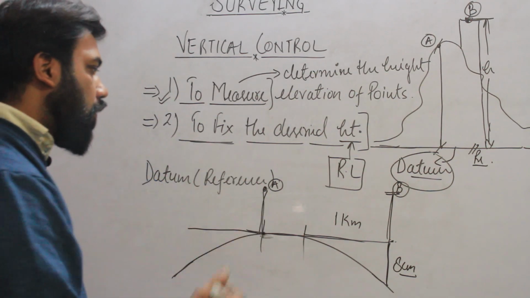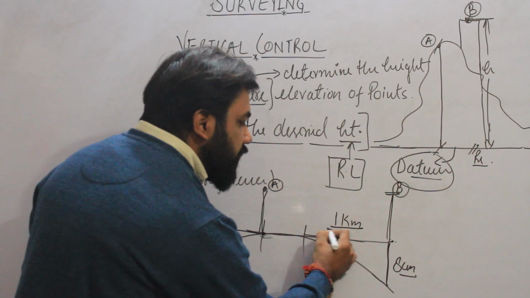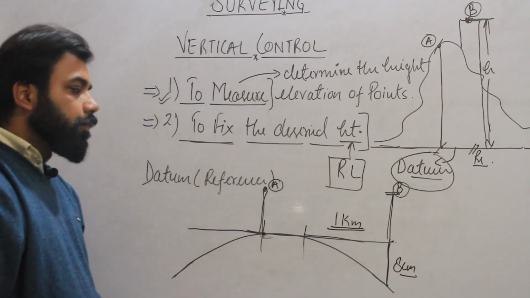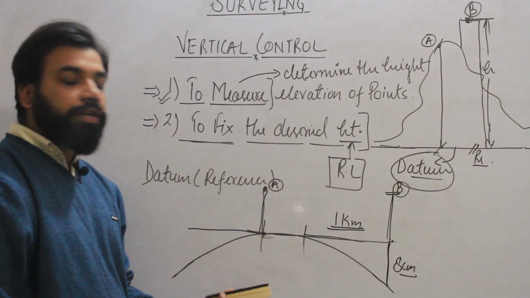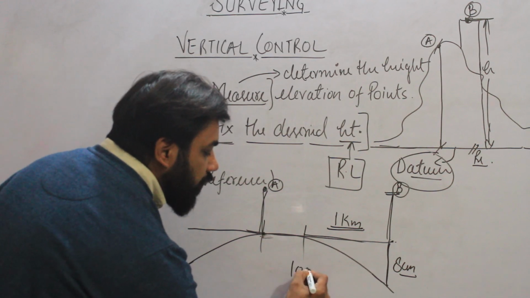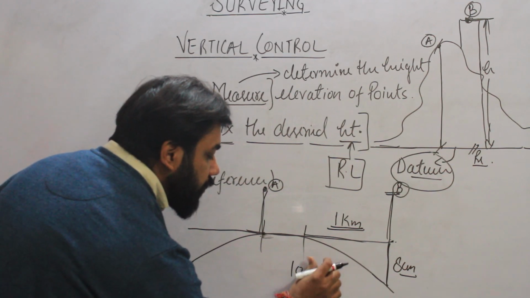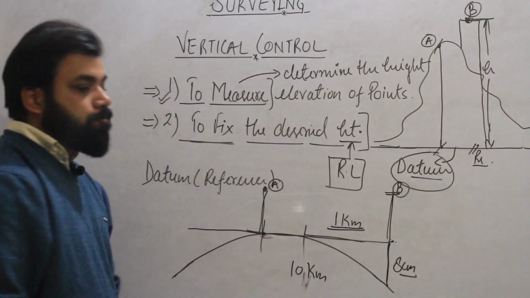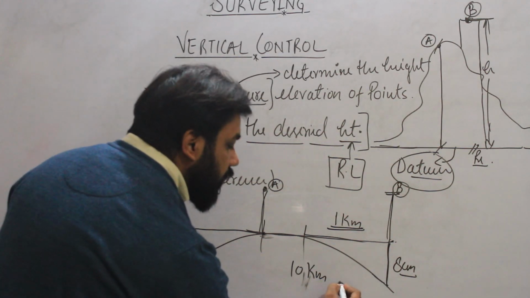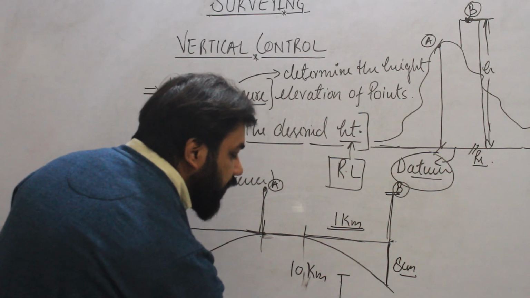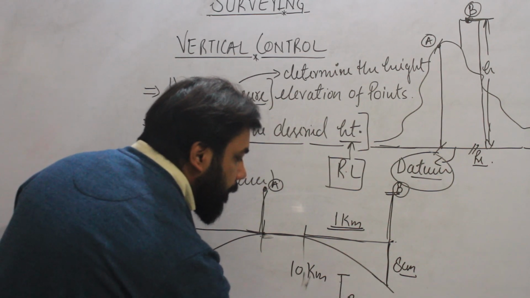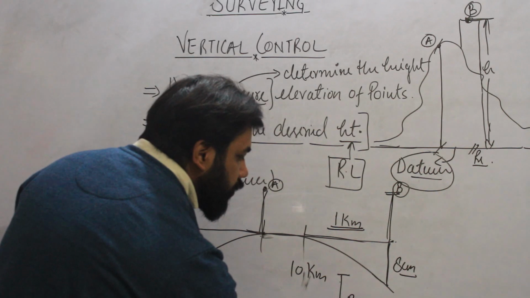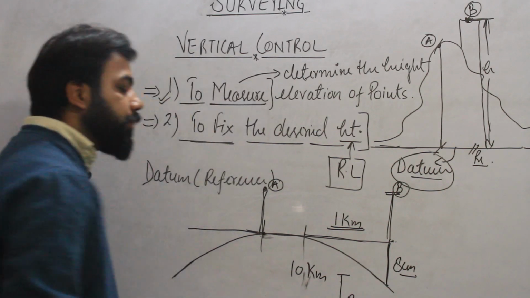Or if this distance is more than 1 kilometer, how will the tangent deviate? If the distance is suppose 10 kilometers, the tangent deviates, how much? 80 meters.